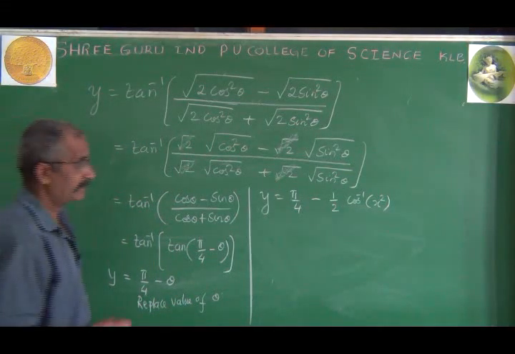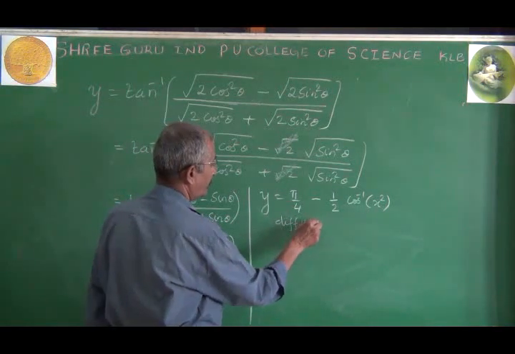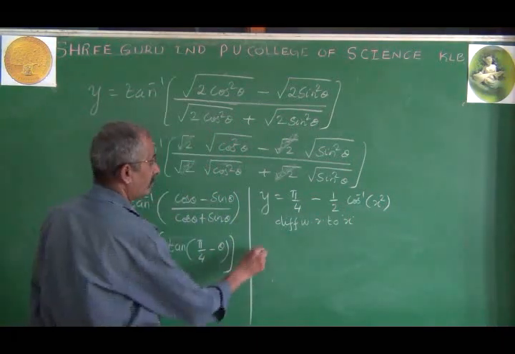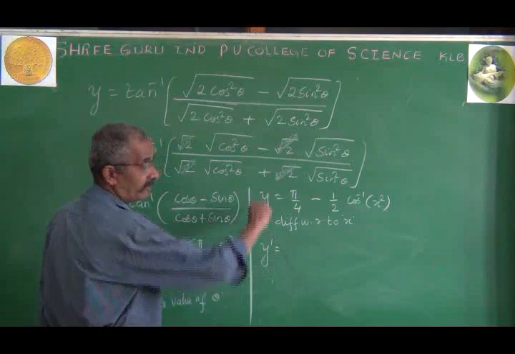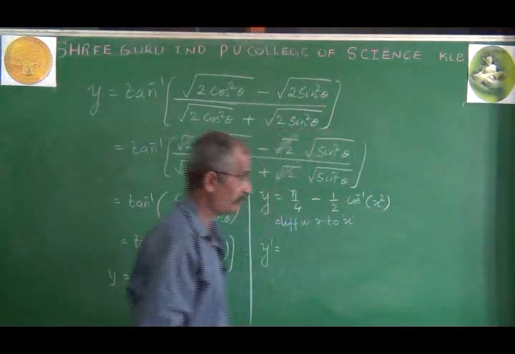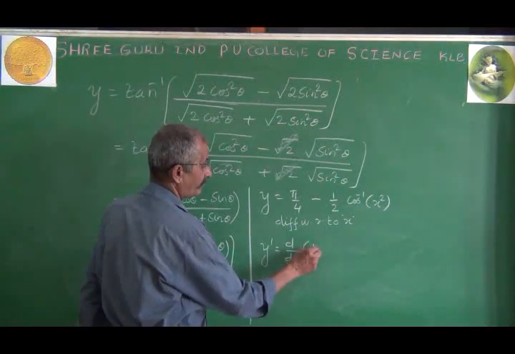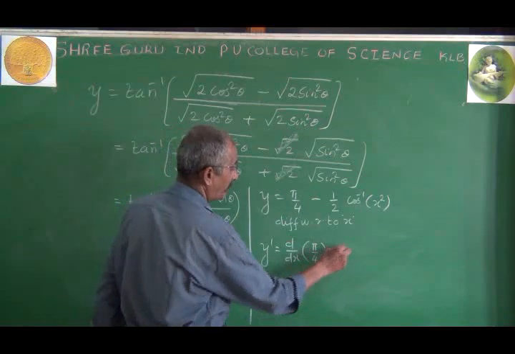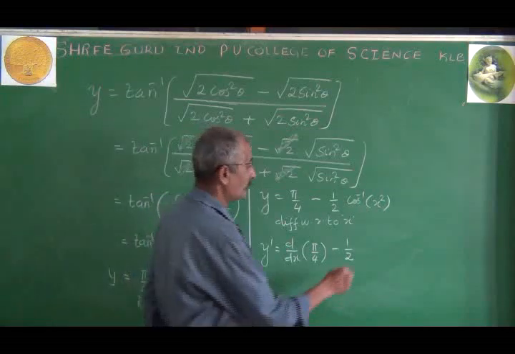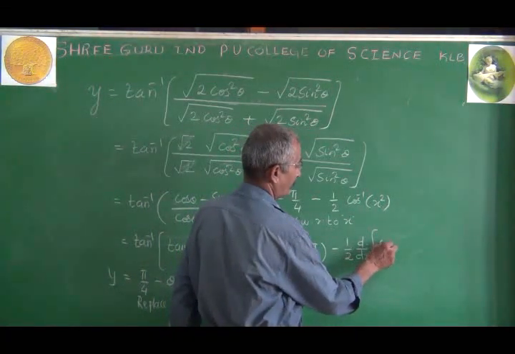Next, to differentiate with respect to x. On differentiating with respect to x, left side y dash, right side overall there is a sum, so let's apply the sum rule. First term, the derivative of pi by 4 is 0 because pi by 4 is a constant. Minus 1 by 2 outside, because it is a constant multiplying the derivative of cos inverse of x square.